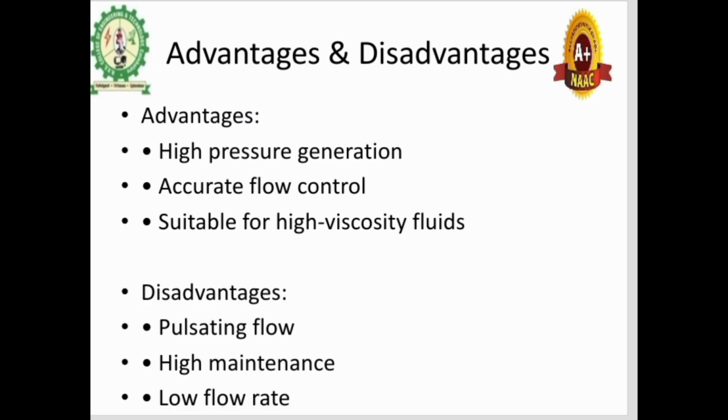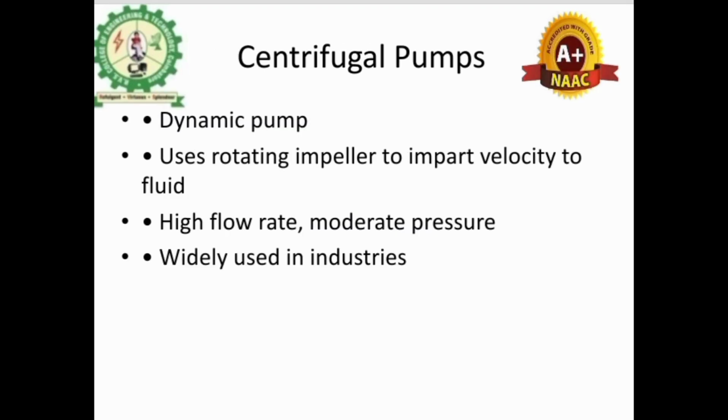And let us see another type of pump which is known as the centrifugal pump. The centrifugal pump uses another principle, that is, they are rotodynamic pumps, and they use a rotating impeller to impart velocity to the fluid.